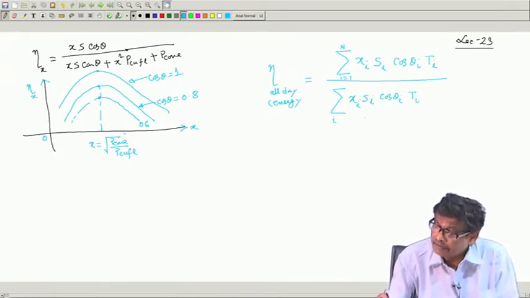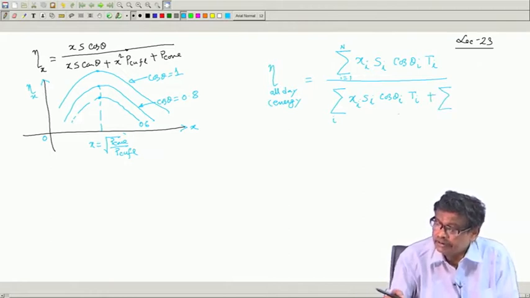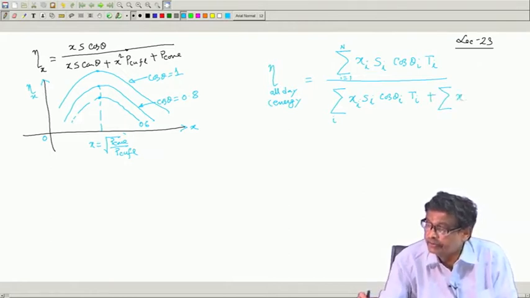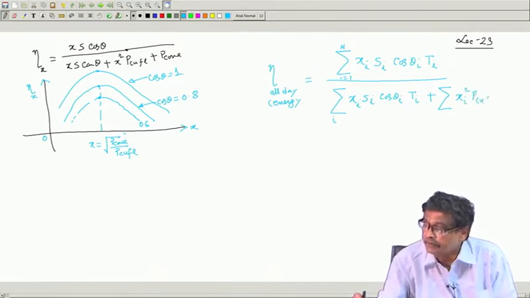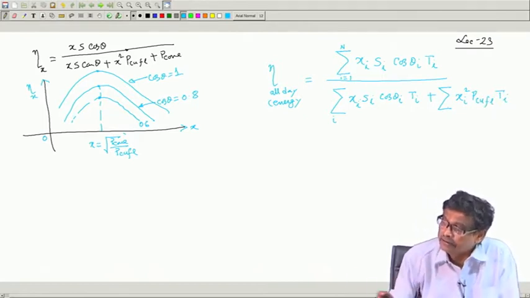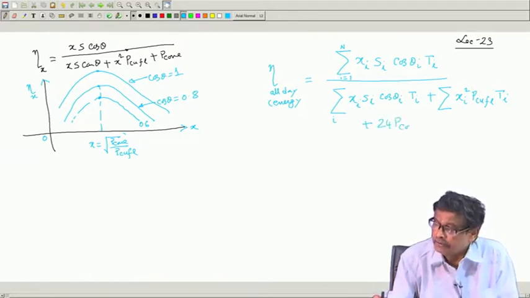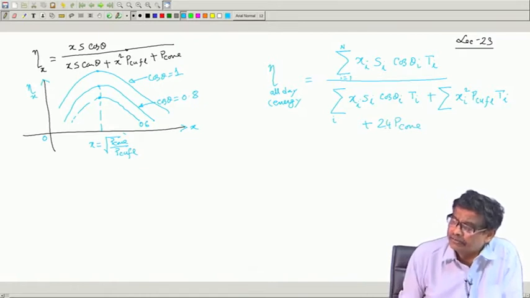Plus the copper loss, which depends on x, equal to x i square P cu full load into T i. This is the energy loss because of copper loss, plus 24 into P core, that is all, because core loss remains constant.